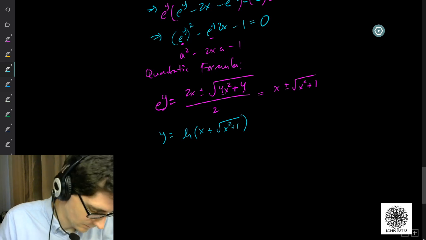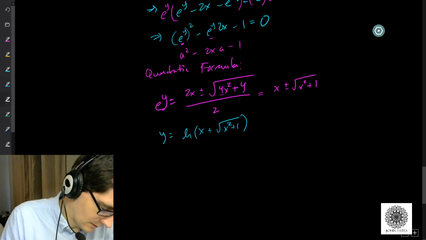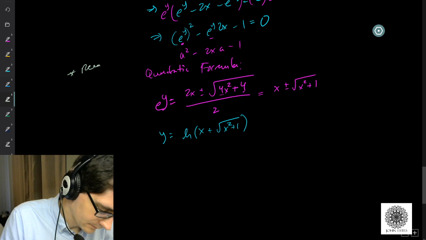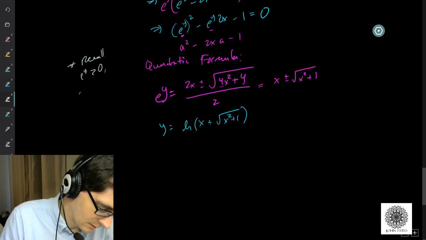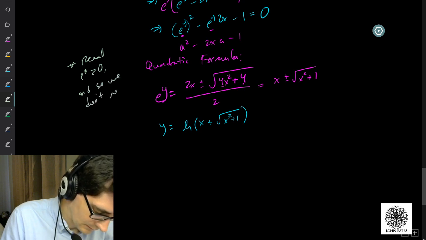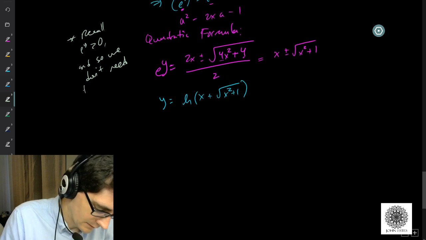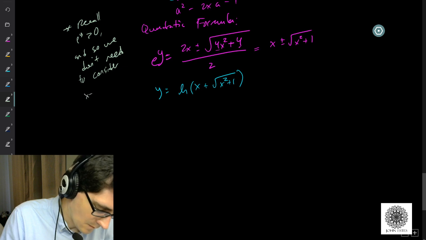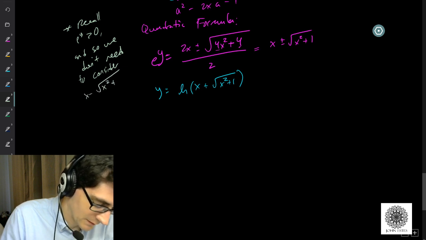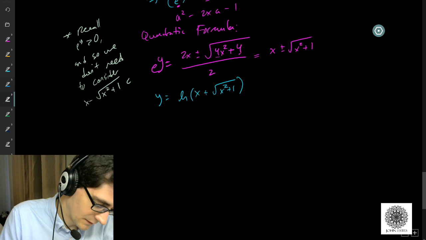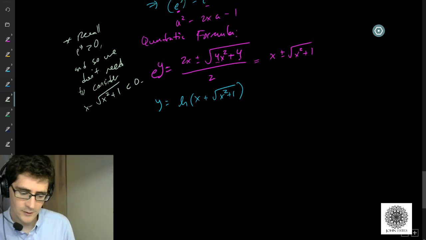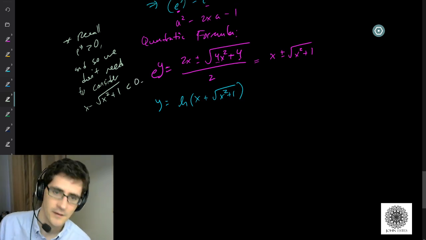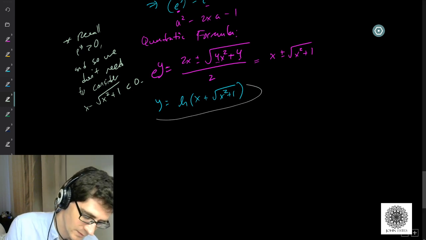Recall, e to the y is always positive, and so we don't need to consider x minus the square root of x squared plus 1, which is always negative. e to the y can't possibly be a negative value, so that's how we only end up with the positive one.